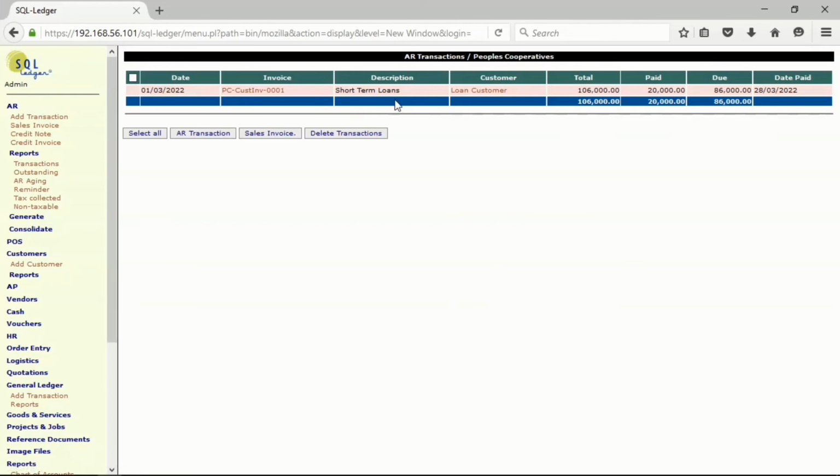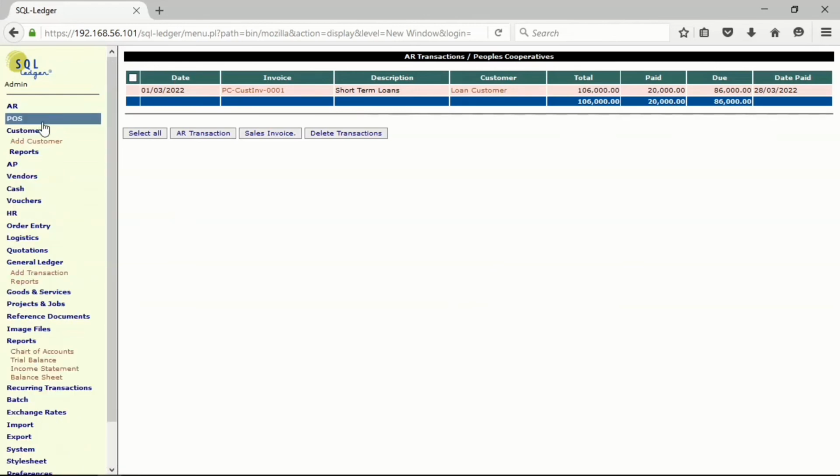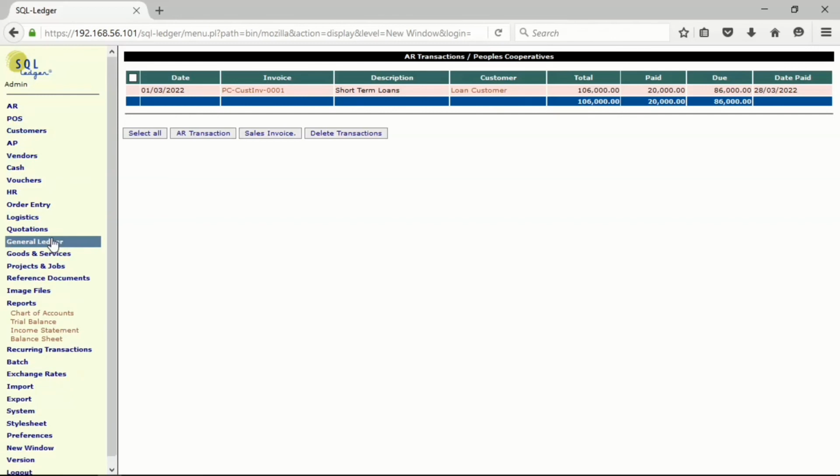So this is all we are talking about. You could get as many reports as possible following this. So what it means is that his loan account is still intact. Anytime he makes any payment, we go there and reduce it from that account by using the cash.